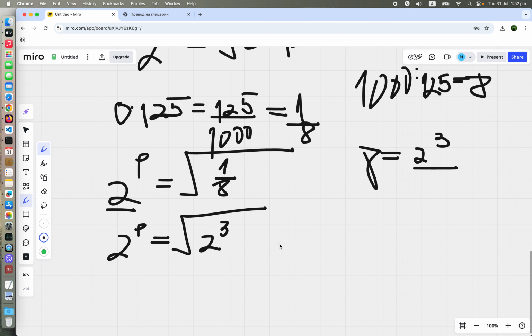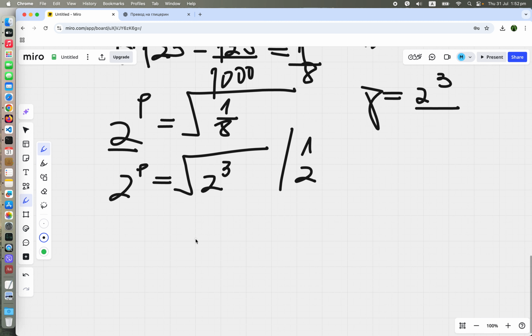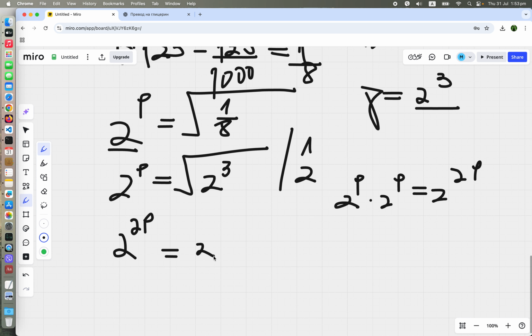Now we can square both sides, and we say that 2 to the power of 2p, because when we multiply 2 to the power of p times 2 to the power of p, it's the same as 2 to the power of 2p, because we just add them up. And also that's gonna be the same as 2 to the power of 3.